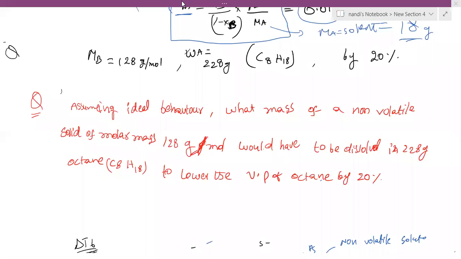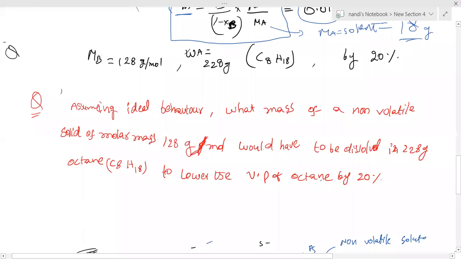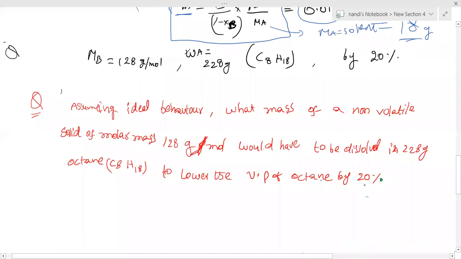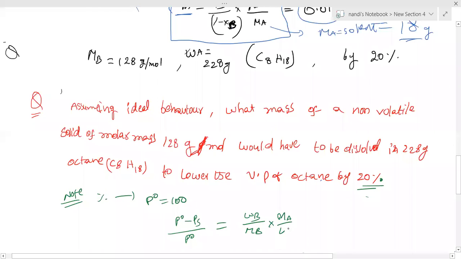I know some people are not responding at all. Please write the suitable formula. When they mention percentage, as I told you, under note you can write: if they mention any percentage, P naught equals 100. Substitute in the formula: P naught minus PS by P naught equals WB by MB into MA by WA.